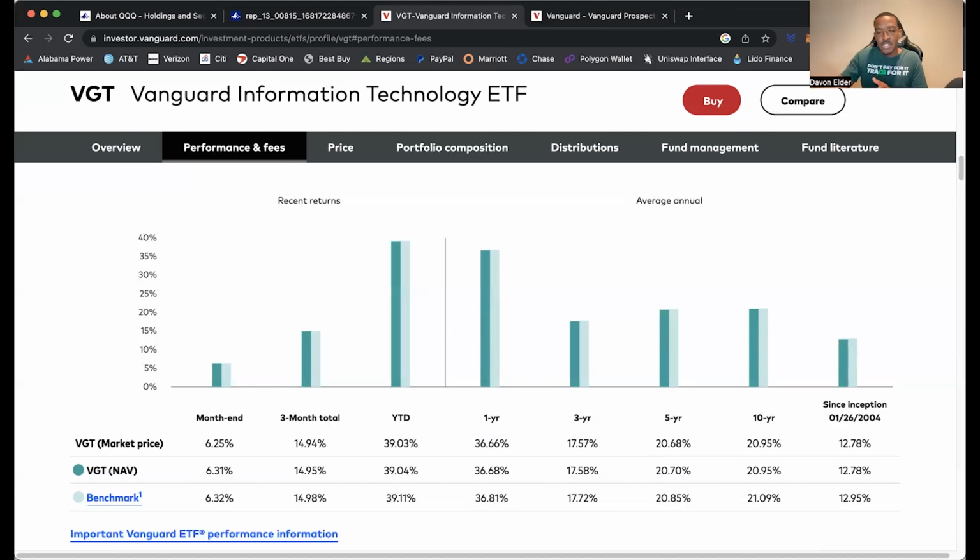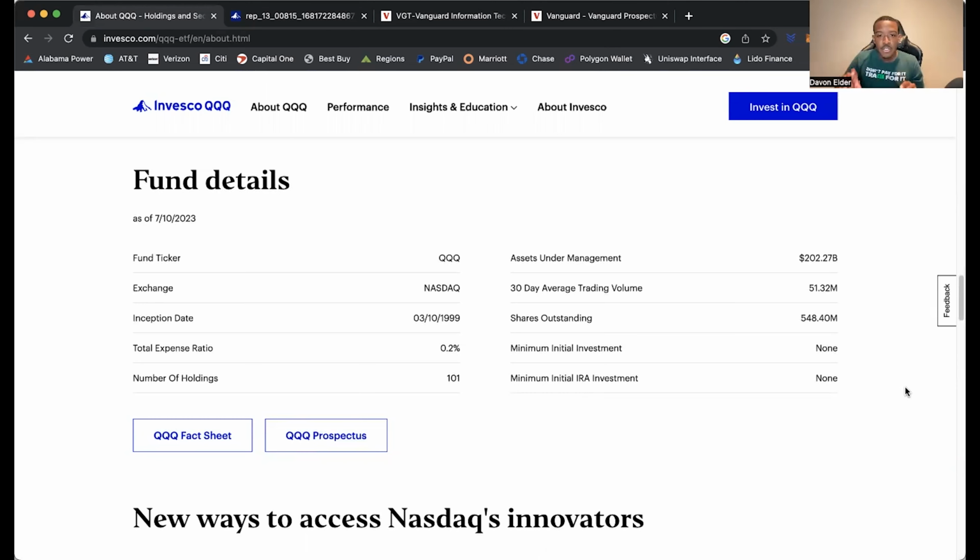So let's go over to the QQQ ETF and let's see what the differences are. If we look at QQQ, a few things kind of point out to me. If we look at the total expense ratio, we've got 0.2%, which is higher than the 0.1% that you have with the VGT ETF. The number of holdings, 101 holdings.